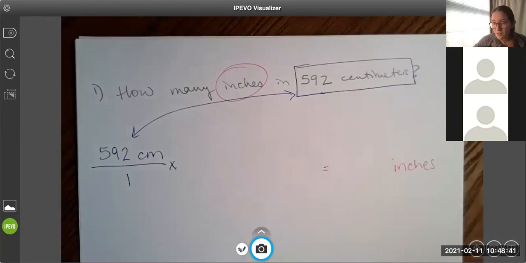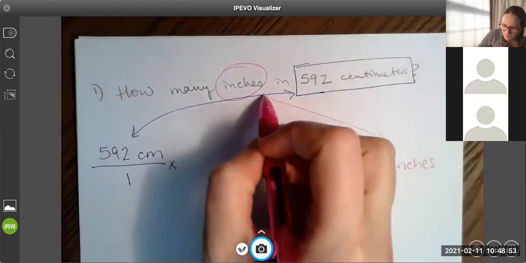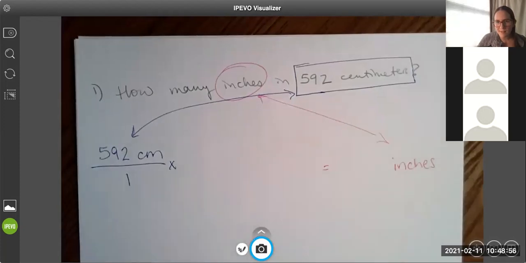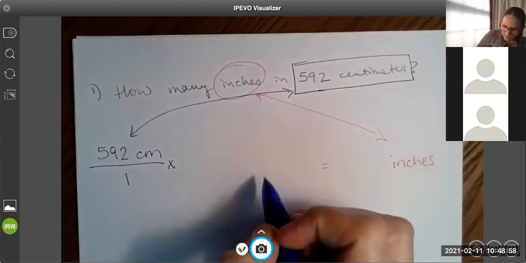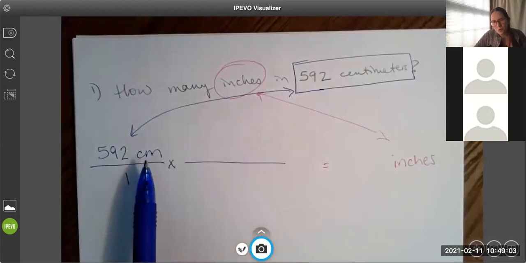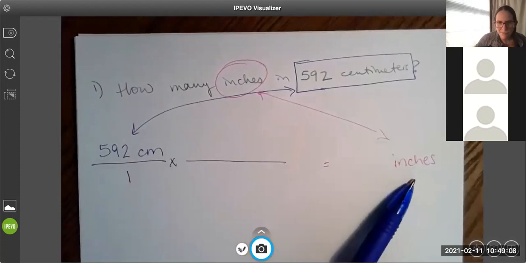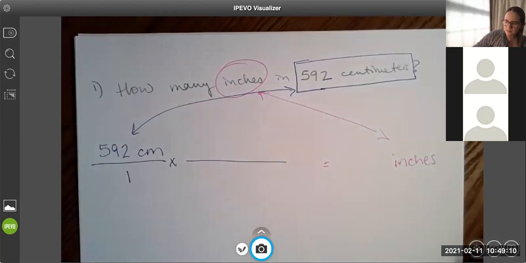Okay, are we done? No. So I gotta do some converting. We're gonna convert from this unit into this unit. We've got some spots that we're gonna write units in our conversion. So this thing's our conversion.